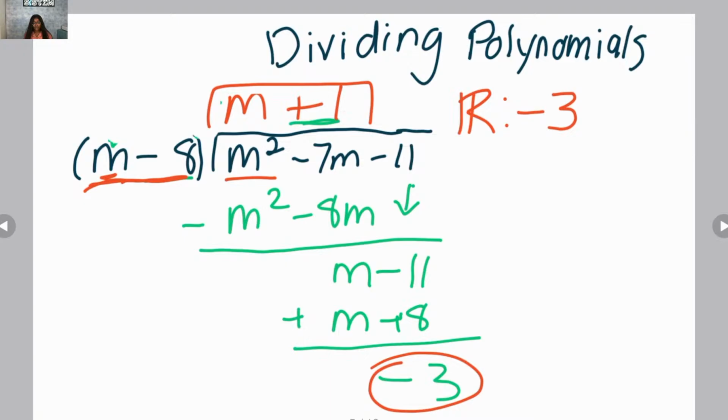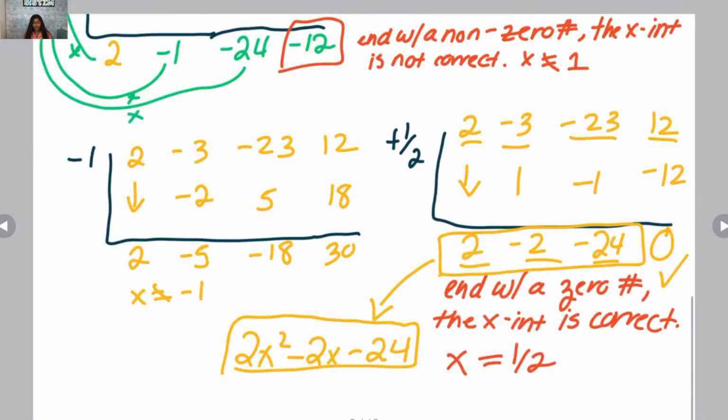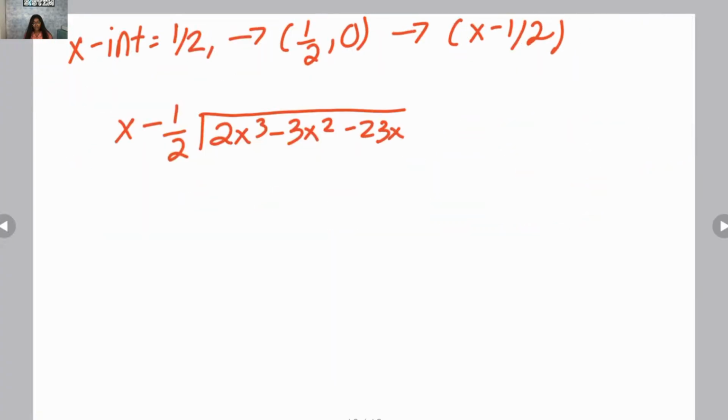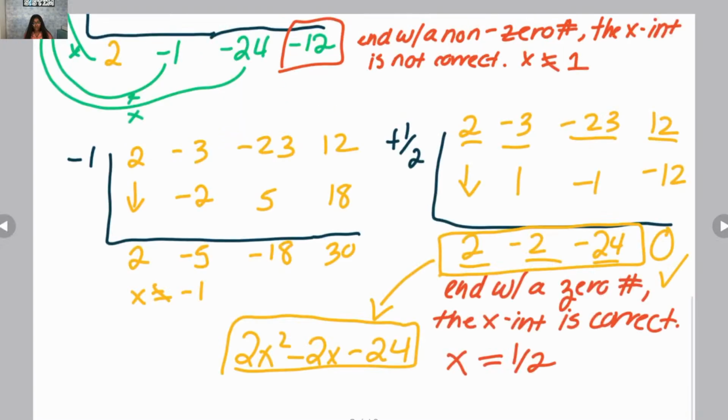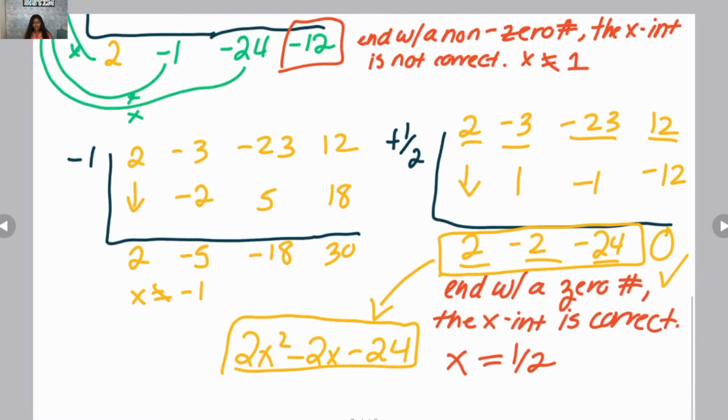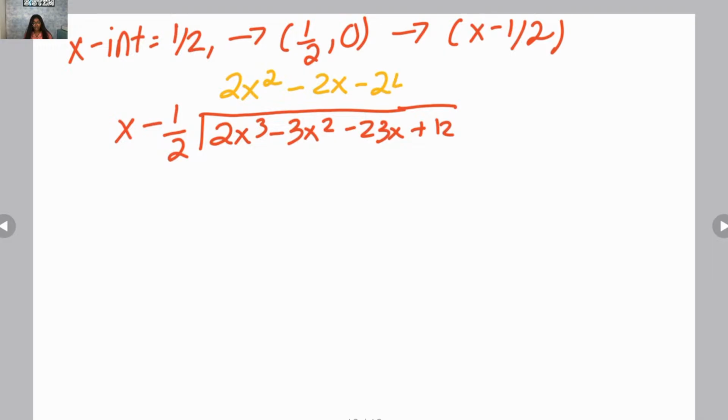What I'm saying is that we took x minus 1/2 dividing 2x cubed minus 3x squared minus 23x plus 12. We did synthetic division and found that our answer was 2x squared minus 2x minus 24. That's what I'm saying. Hope that makes more sense.